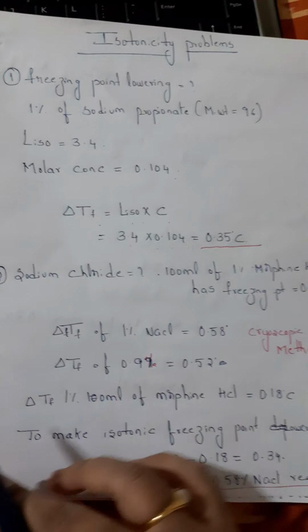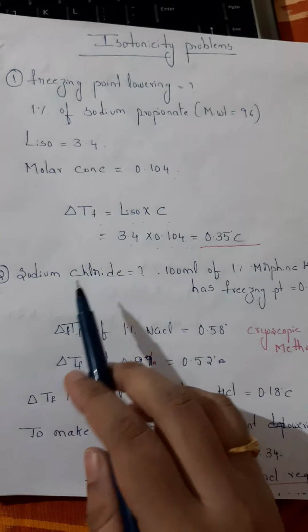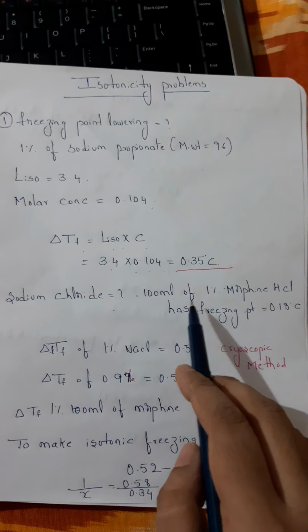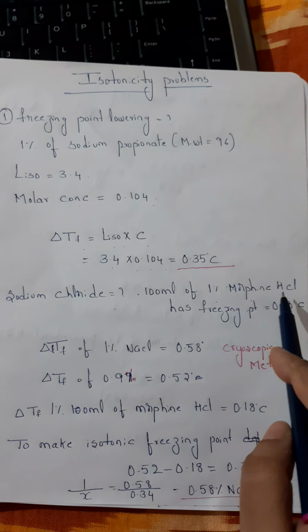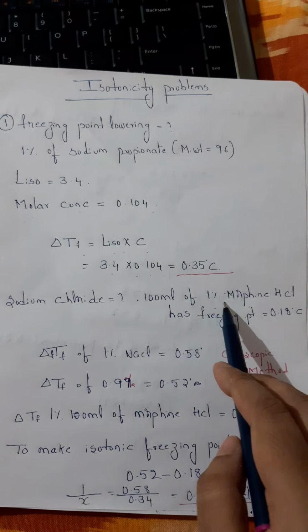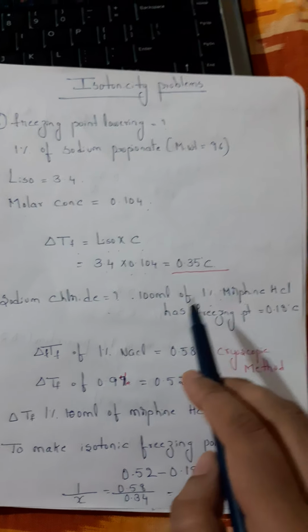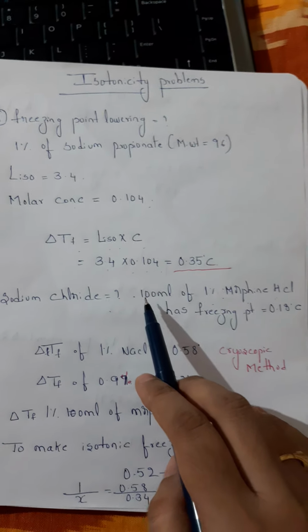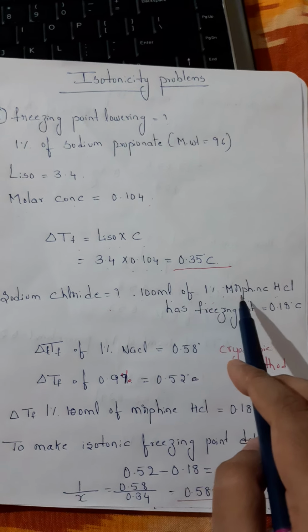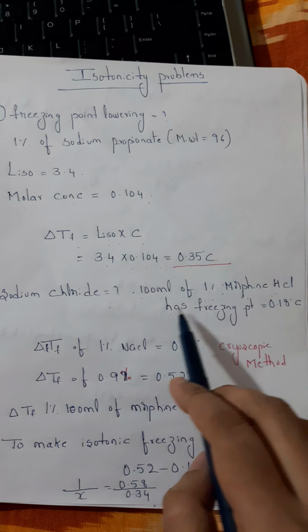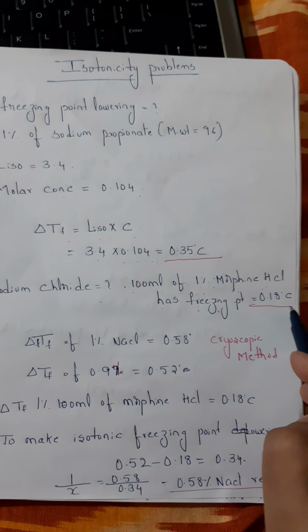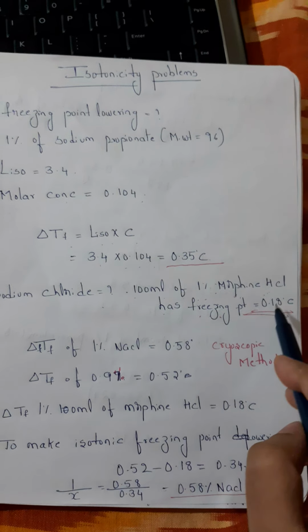Now in the second problem, we have to determine how much sodium chloride should be added to 100 ml of 1% morphine hydrochloride to make it isotonic with the body fluids. Here 100 ml of 1% morphine hydrochloride has a freezing point lowering of 0.18.